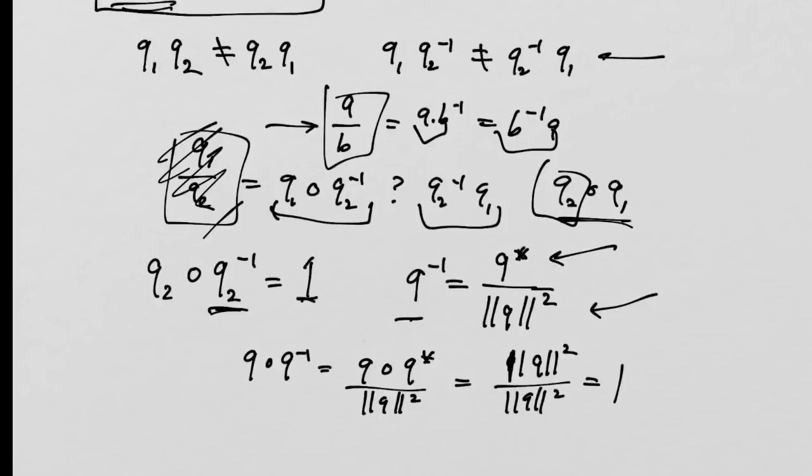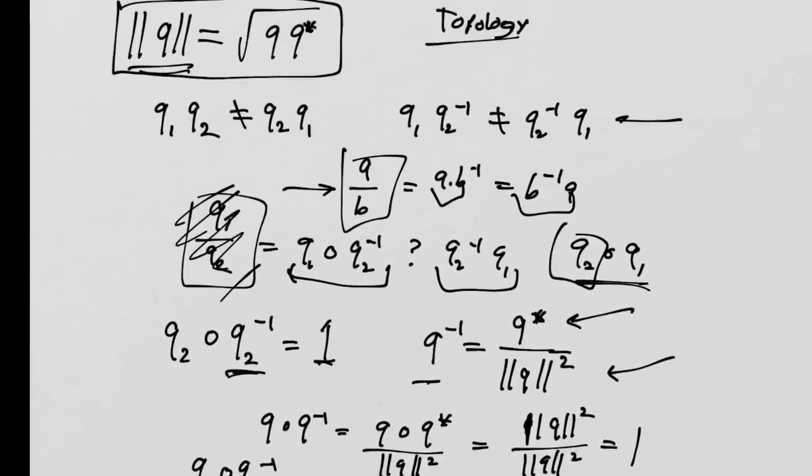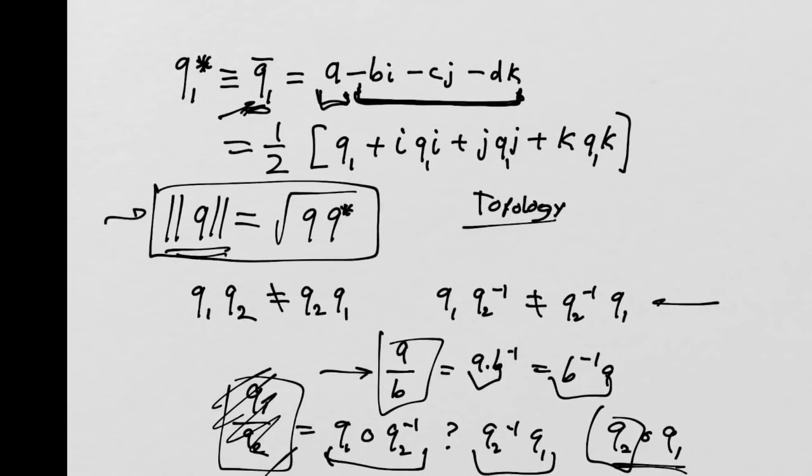This means you can always unambiguously divide Q1 by another quaternion, because I could always write Q1 times Q2 inverse. Therefore, I can always divide, but it also has a norm. So this means that quaternions form a normed division algebra.